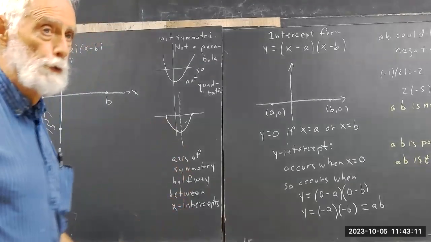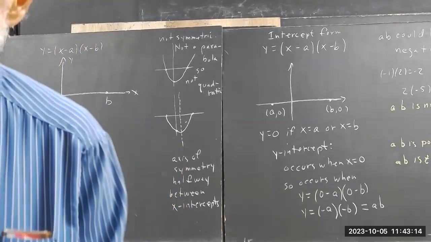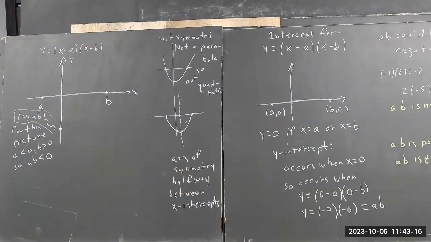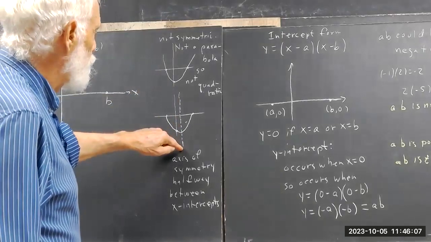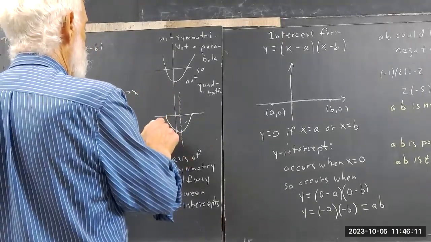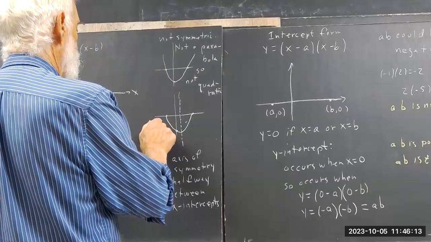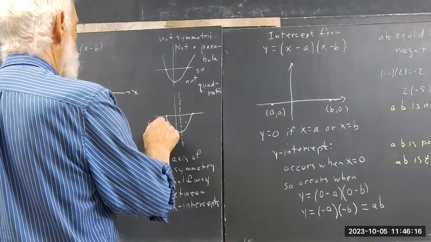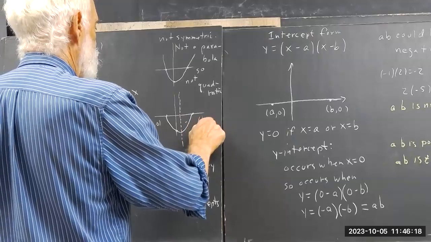What's halfway between two numbers? How do you get a number halfway between, let's say, 4 and 12? Okay, so what's the x coordinate of this point? Here's A, 0, here's B, 0.